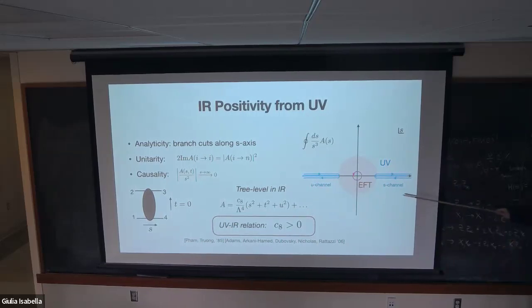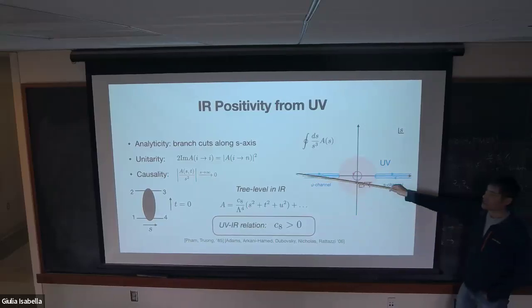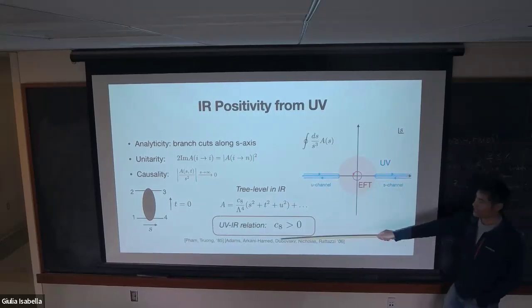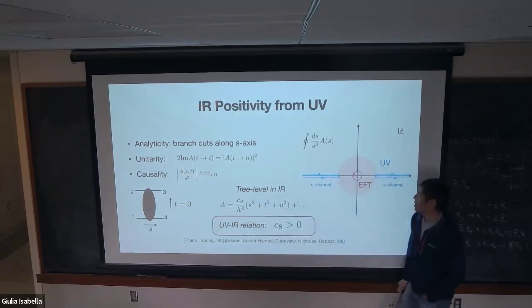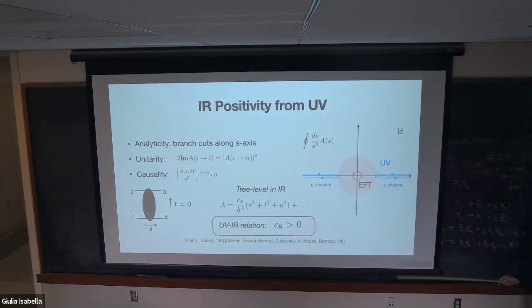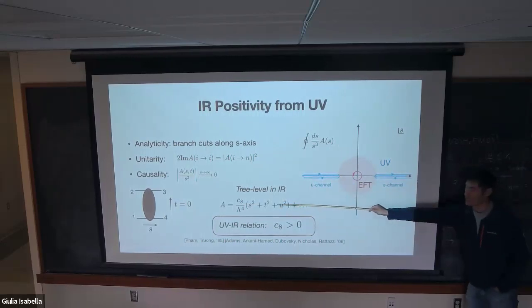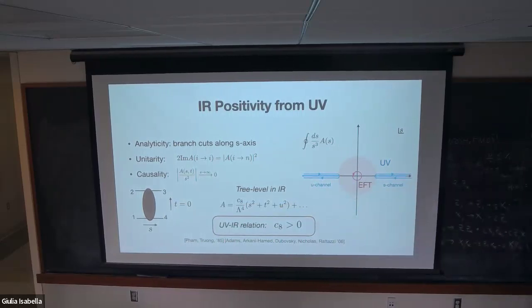The discontinuity for this branch cut corresponds to A A dagger, according to the optical theorem. So when we go to the forward limit, the discontinuity is proportional to the cross section, where this n is any intermediate particle in between. Now we can play the game from Cauchy's theorem, where we close the contour using this kernel to pick up this coefficient in the forward limit.